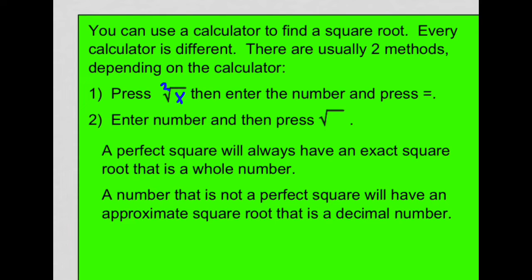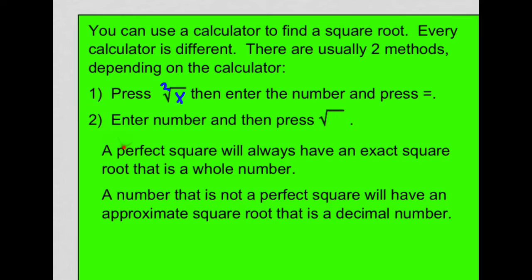But I want you to try to figure that out with whatever calculator you have. Also, if you have an iPhone or an iPad, there's a calculator with a square root symbol on that. I'll try to send out a picture of what it looks like on my phone.